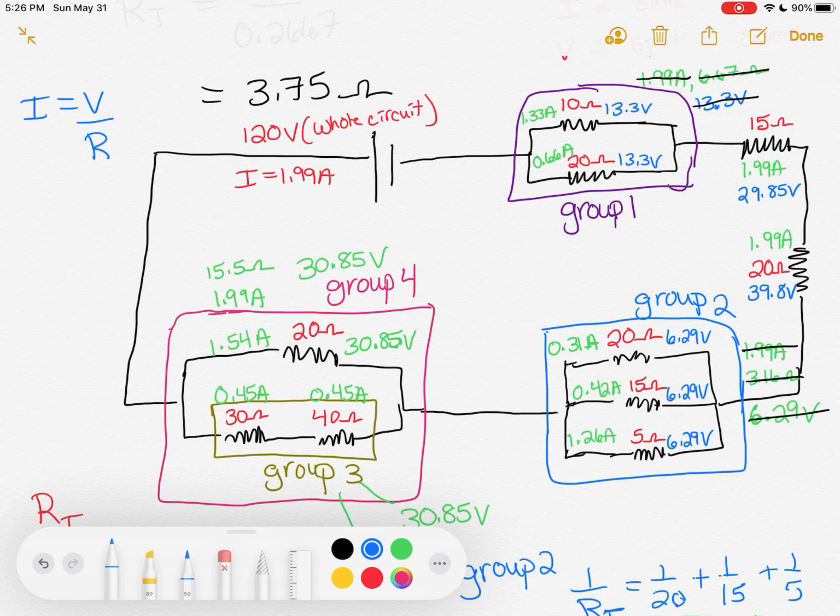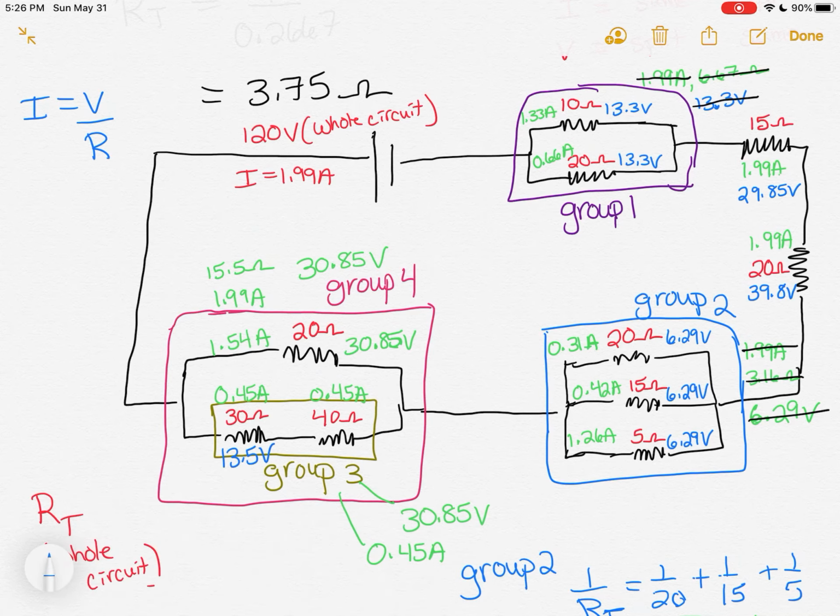So 0.45 times our 30 is going to give us a voltage for our 30 ohm resistor of 13.5 volts. And then our 40 ohm resistor is going to have an 18 volt voltage.